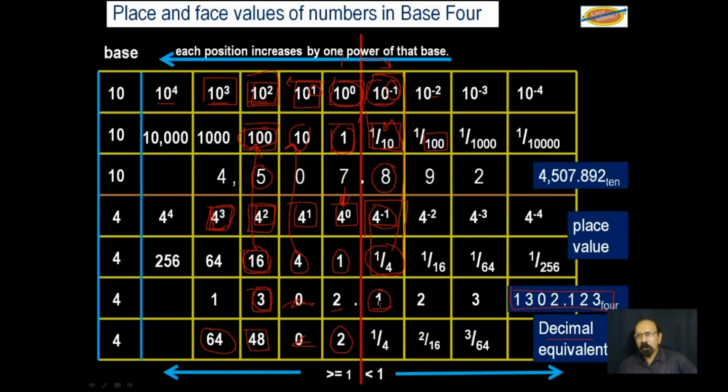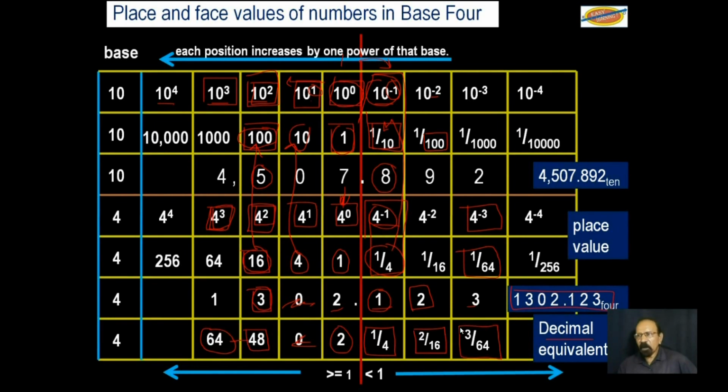We have 1/4, which is this. We have 2 1/16, which would be 2 over 16. And we have 3 1/64, or 4 to the negative 3, and that would give us 3/64.